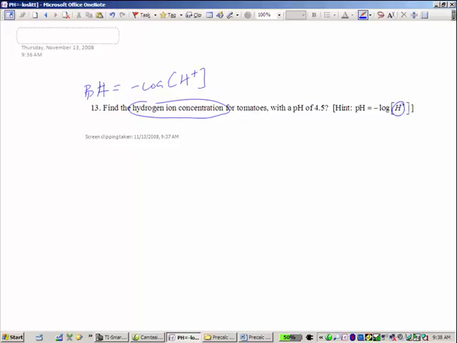I think you can set up an equation, calculate it, and let me know how many moles of hydrogen ions per liter we have. I think you can.